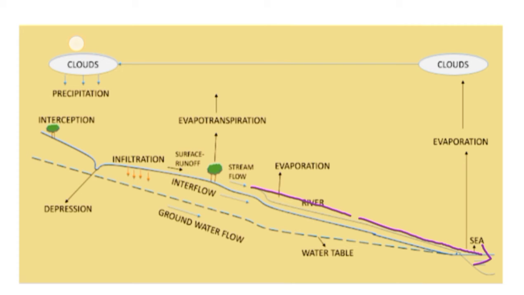Some of the water in the stream is evaporated, some of the water is transpired by vegetation, then some portion of the surface runoff may seep into the ground from the stream bed if the groundwater table is lower.